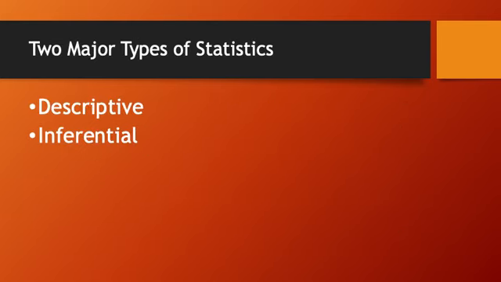Okay, so there are two major types of statistics, and we're going to break the course largely into two major segments. One is understanding and addressing descriptive statistics, and then we're going to move to talking about inferential statistics.